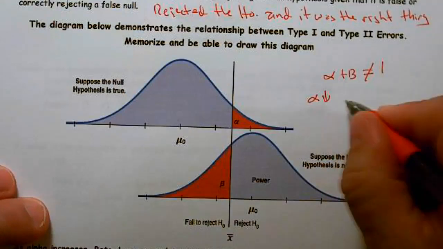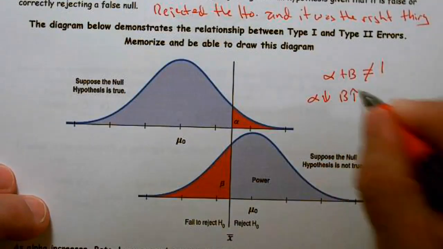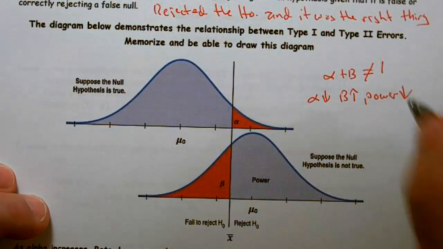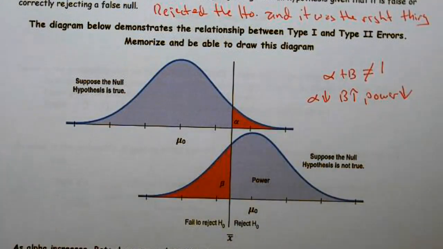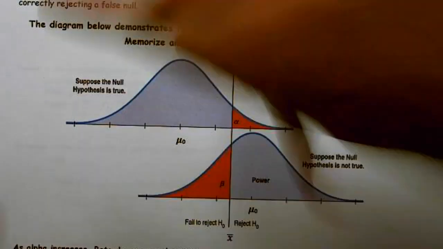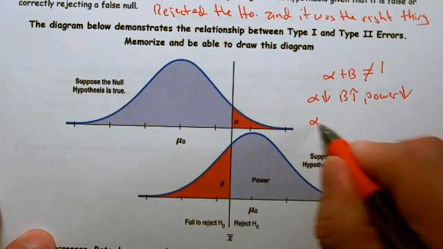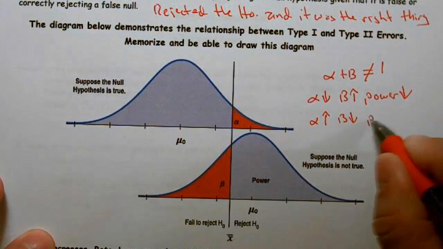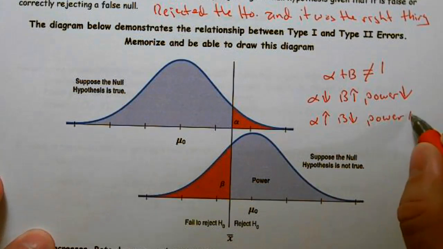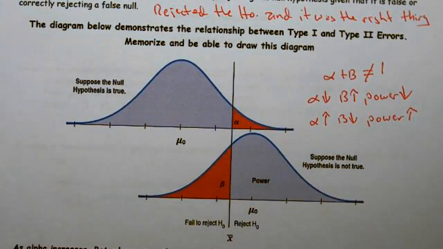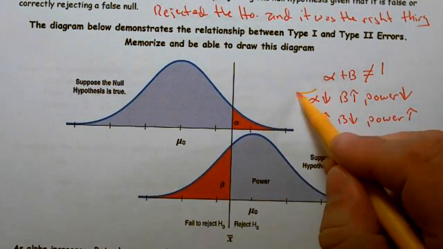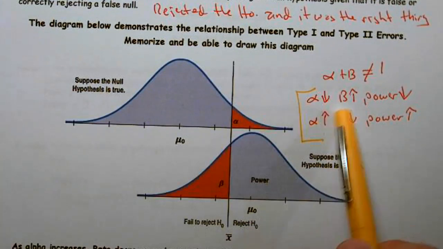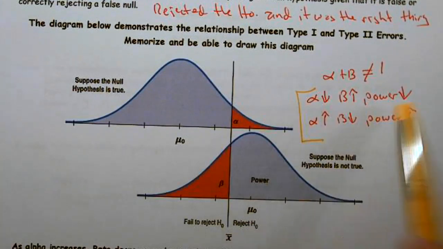Well, beta would go up and power would go down. On the other hand, if I push it the opposite direction and alpha goes up, then beta goes down and power goes up. Ultimately, you need to memorize these directions. Alpha goes down, beta goes up, power goes down.